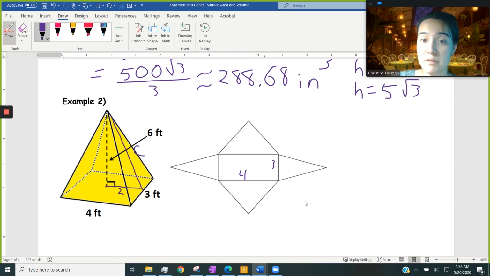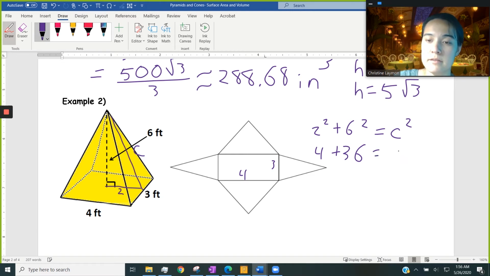Using the Pythagorean theorem, I'm going to have 2 squared plus 6 squared equals C squared. So 2 squared is 4, 6 squared is 36, and this equals C squared. 36 plus 4 is 40. I'm going to take the square root of both sides, and the square root of 40, remember, that's 4 times 10.